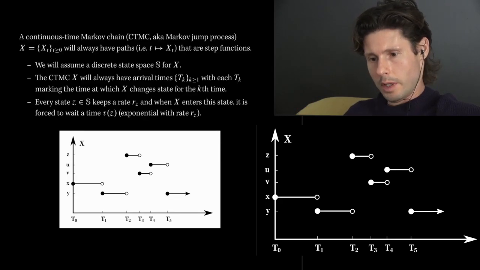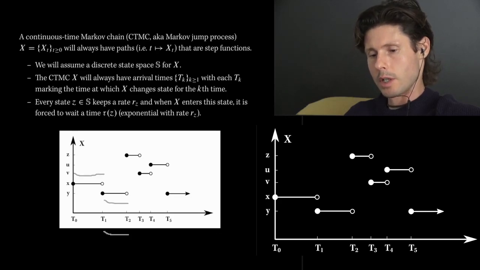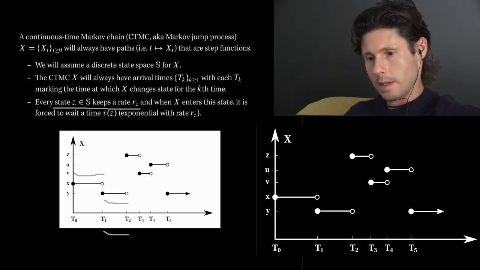Now, the next thing we know is that we're going to have to stay at each state for an exponential length of time. So here, this is an exponential random variable. The lengths of the steps, I mean. And so we know that every single state is going to keep a rate. State z keeps a rate rz.